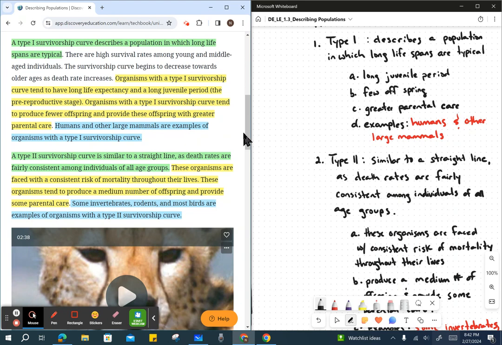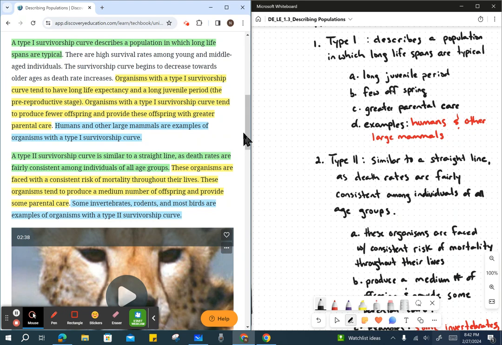You tend to have a long juvenile period, that's your age before you're reproductively active. You tend to have few offspring, and there's greater parental care. Kind of sounds like humans, maybe you're thinking, and you would be right. Other large mammals could be included in this type 1 structure as well.